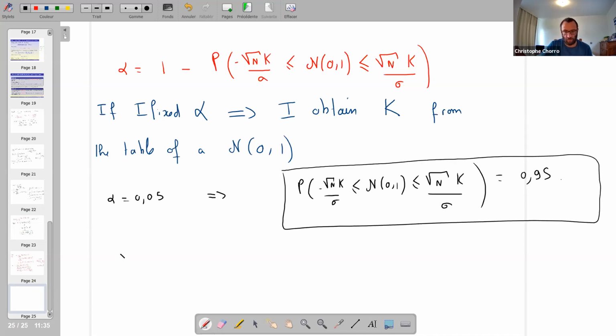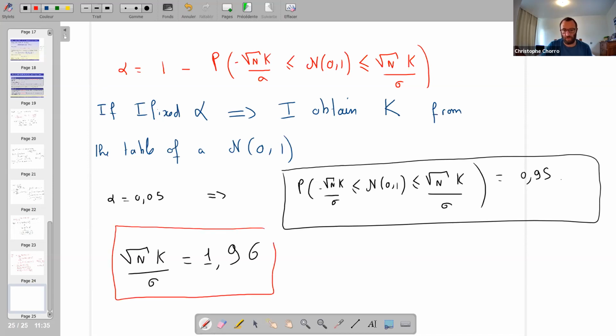And I know that square root of n k over sigma has to be equal to 1.96. This was done in the chapter concerning estimation.